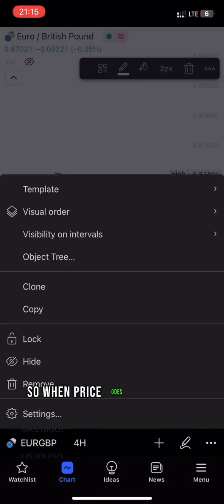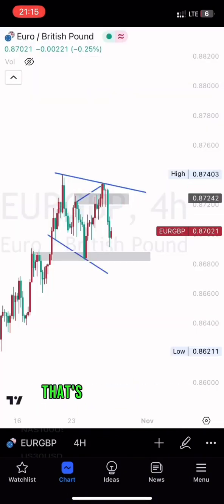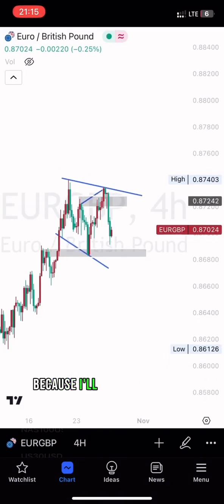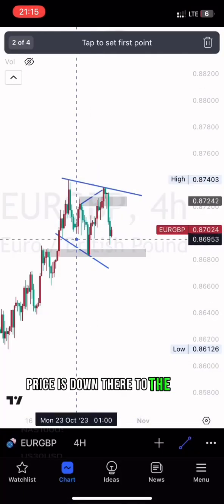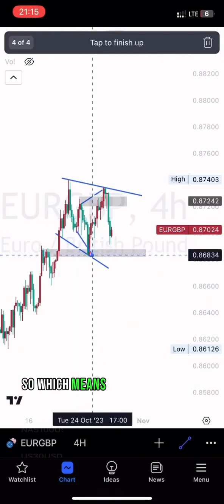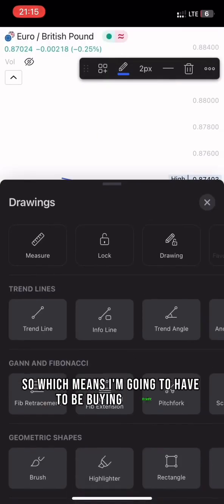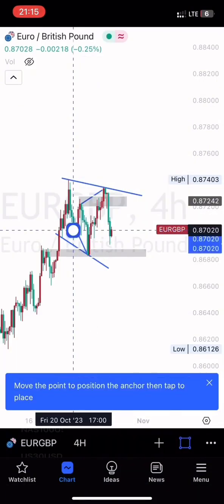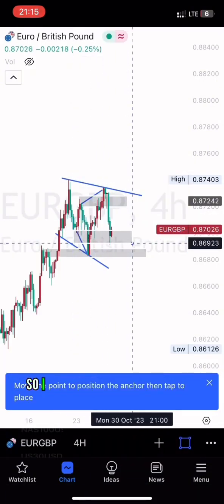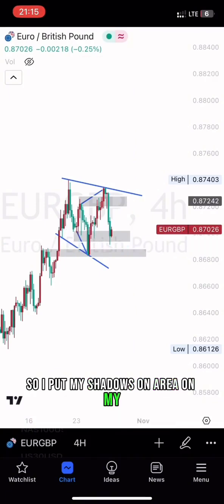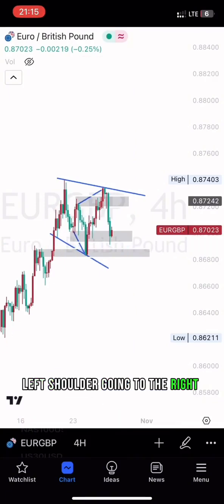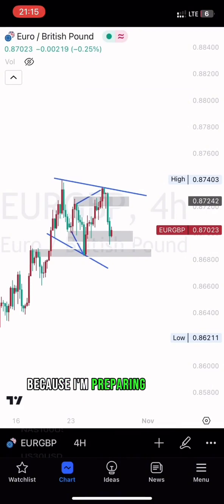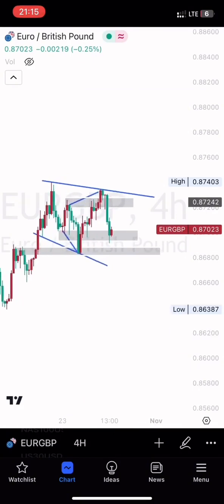So when price goes above there, that's my reason to sell, because I'll be looking for a right shoulder. But at the moment, the price is down there at the left shoulder, which means I'm going to be buying, because the right shoulder is just in the middle there. So I put my shadow zone area on my left shoulder going to the right shoulder, because I'm preparing to place buy orders.